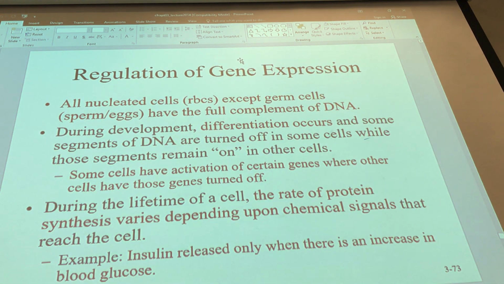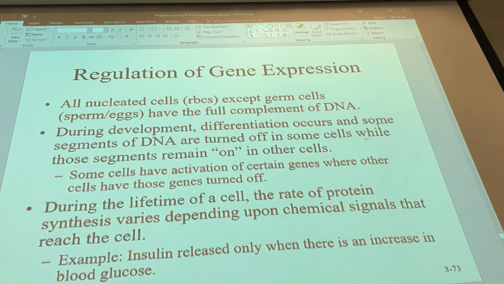So let's take a look at what we mean by regulation of gene expression right here. With the regulation of gene expression, we mentioned that just as important as how to make it is when to make it. So when we discuss all of this highlighted material right here, I would want you guys to focus on that material.